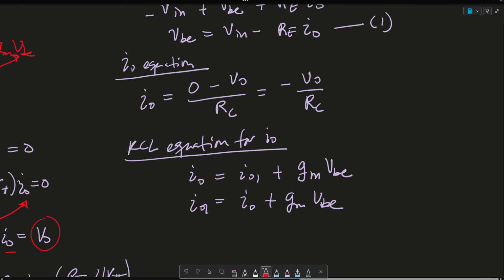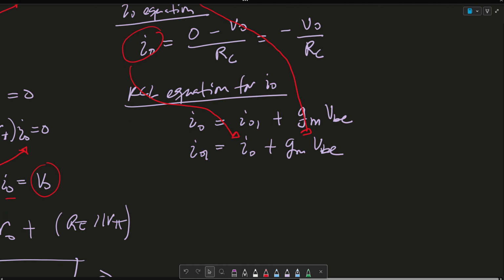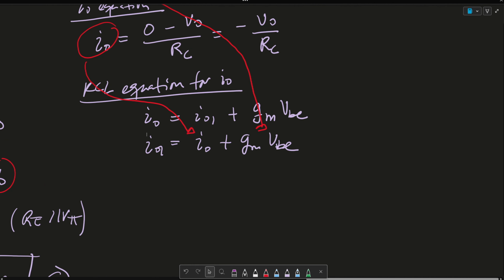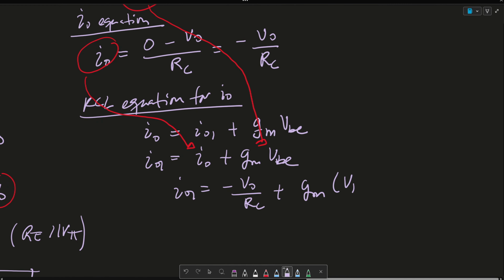Let's also substitute the IO equation in here, and substitute the VBE equation in here. So IO1 is equal to minus VO over RC plus GM VBE.